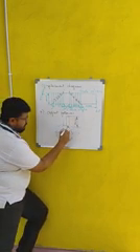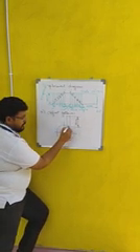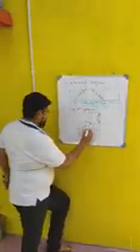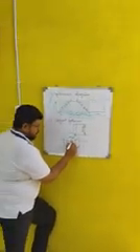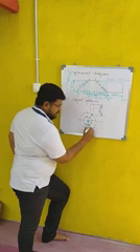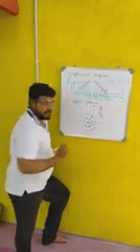From here you have to join the center of the cam to the trace point of the knife edge follower. From there you have to measure 60 degrees, which is followed by the next dwell of 30 degrees, next return period 60 degrees, and the remaining 210 degrees.